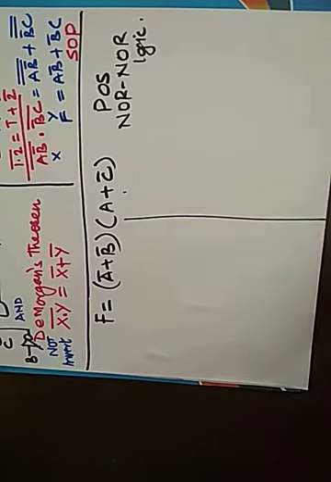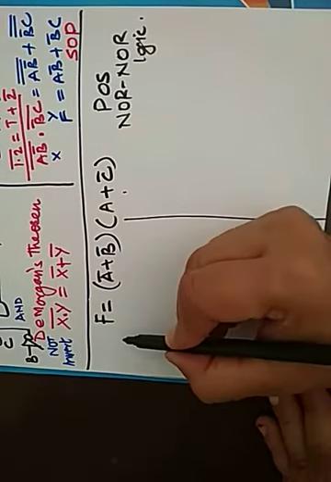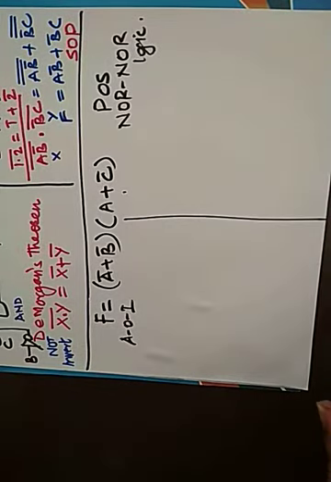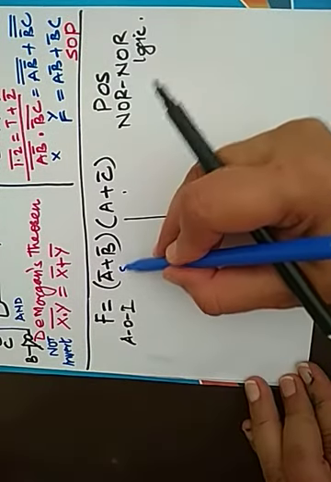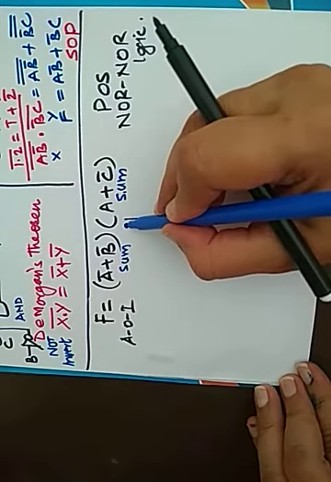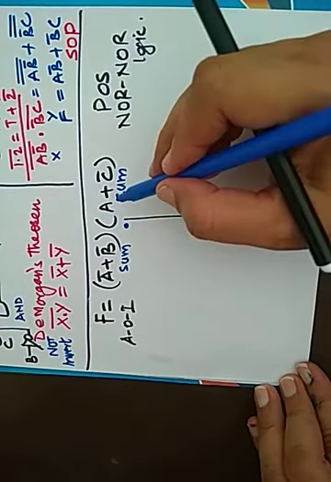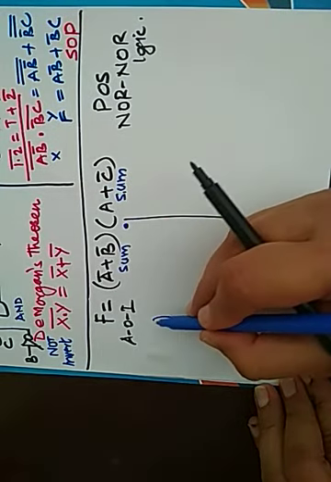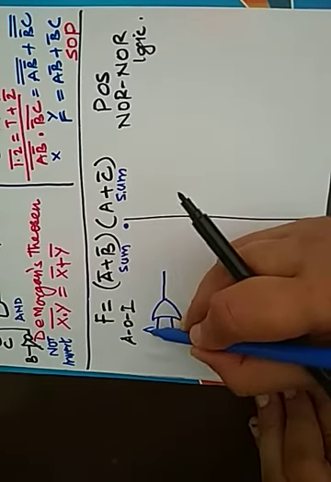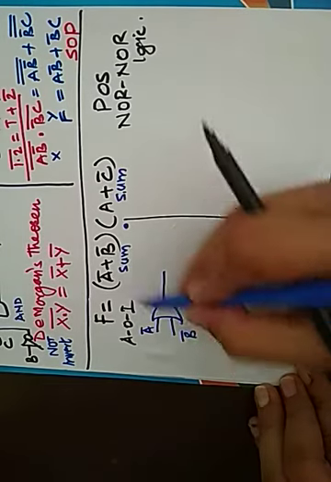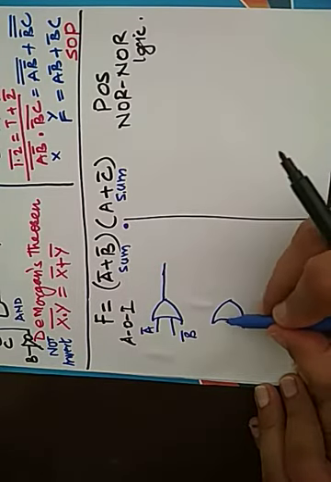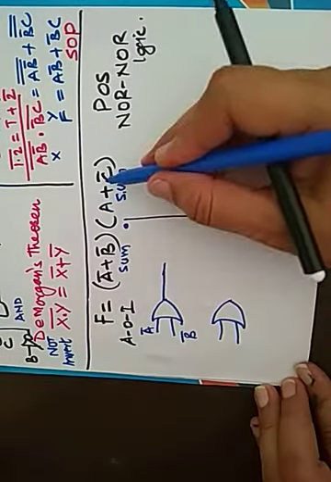Let us see the proof. Before that, if we implement this by the AOI logic, we know that this is a sum term, this is another sum term, and this is a product of sums. The sum gate is an OR gate. So this is the first OR gate, having the inputs A bar, B bar. Another OR gate for A plus C bar.